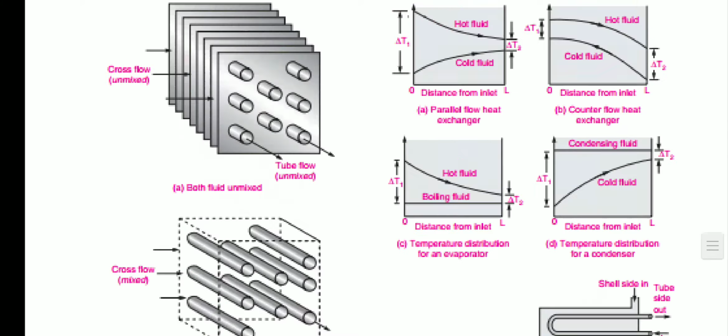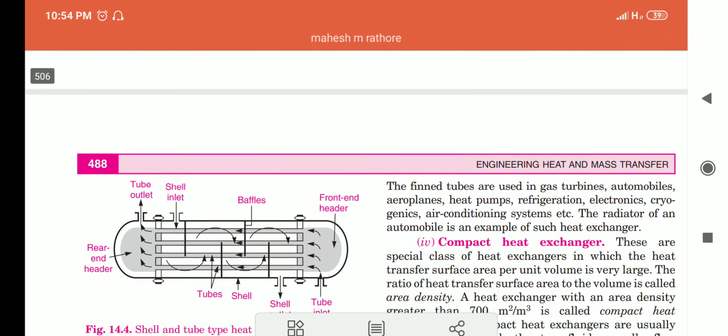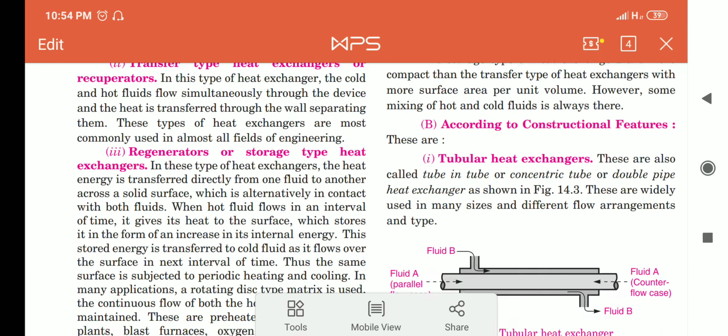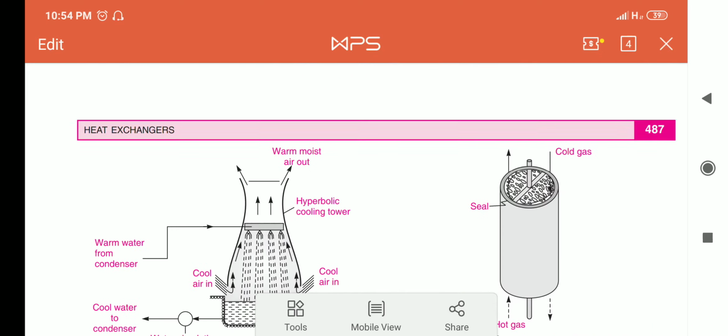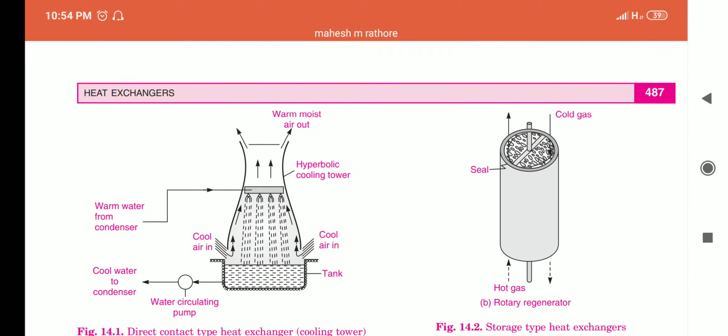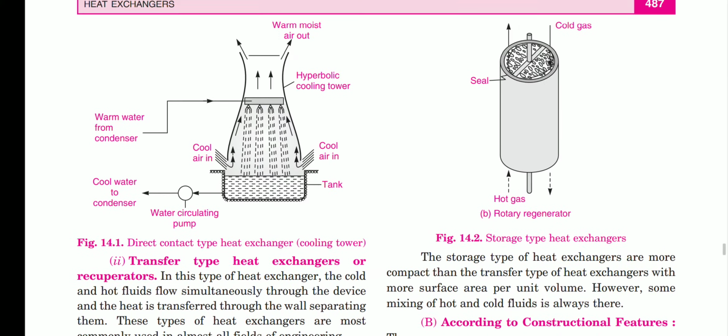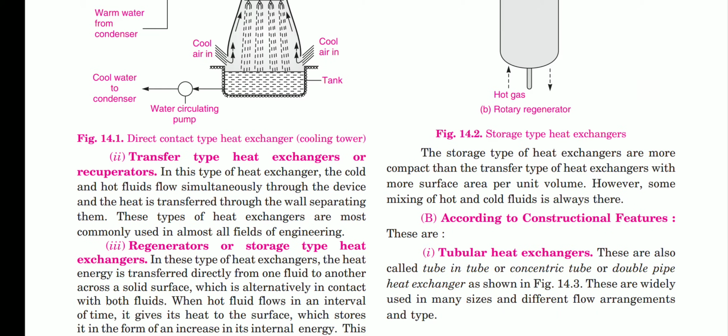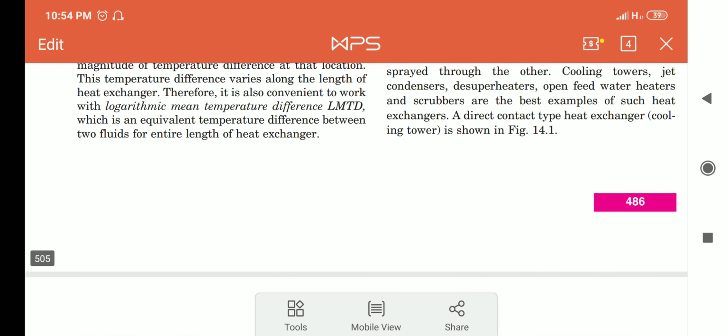So these are the 3 types of classifications, and in each we have several other classification types. Let's get into detail. According to heat transfer process, heat exchangers can be direct contact type, transfer type, and regenerators or storage type.